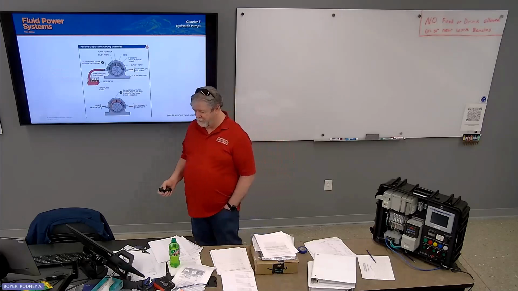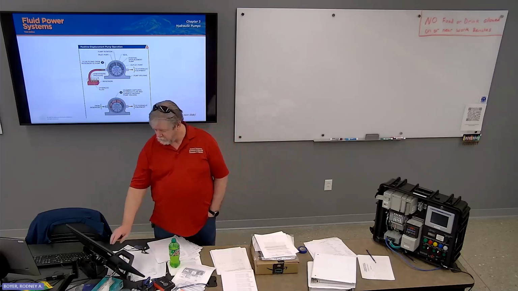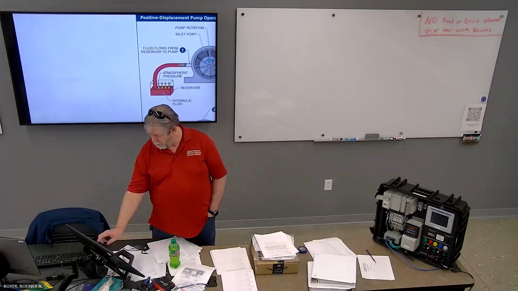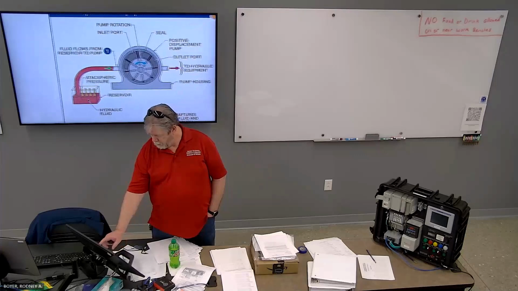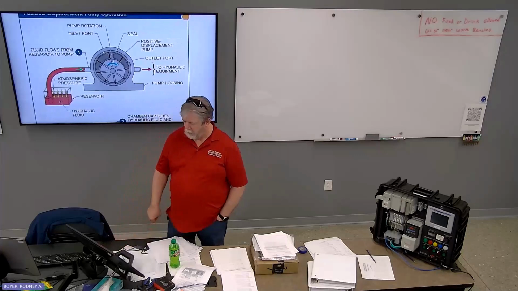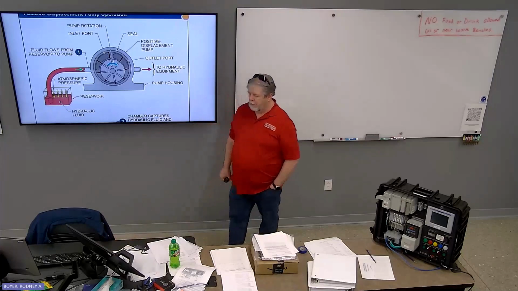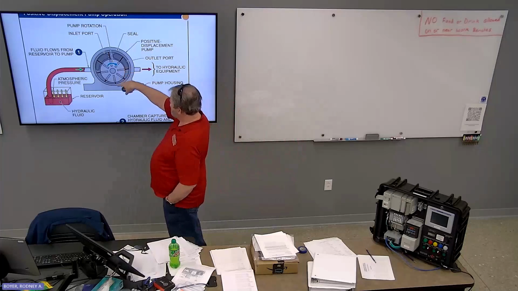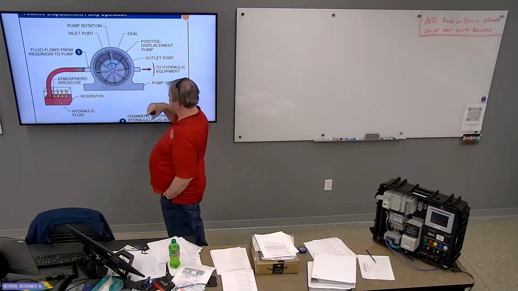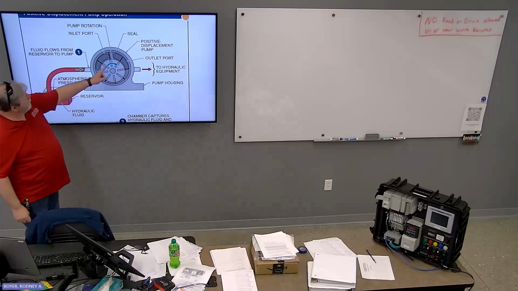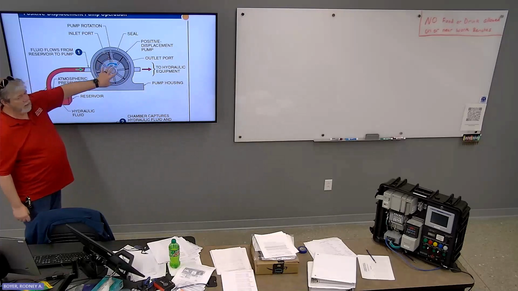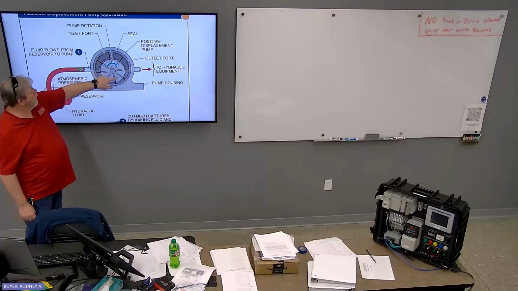Positive displacement. There's a vane pump. The pump rotates, in this case the way we're looking at it, clockwise. Notice that this is off center. As this rotates, the vanes are actually on springs.